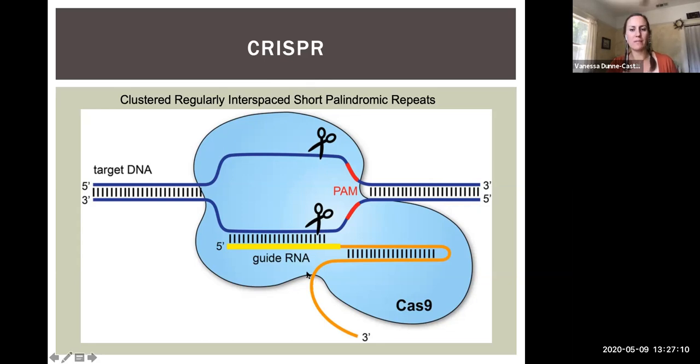This is a natural system that we have taken out of the bacteria, and now we can use it for specific gene targeting of any cell, living or non-living. The benefit is that it can be used in living cells. One of the applications of CRISPR is in antibacterial therapy.